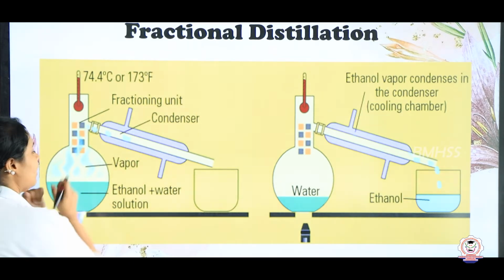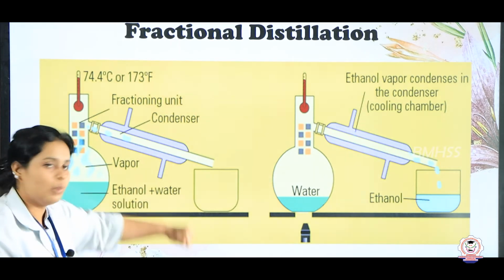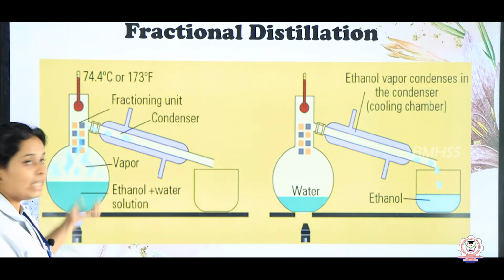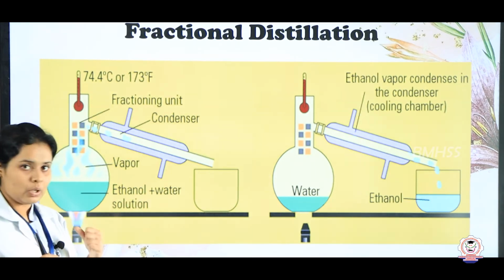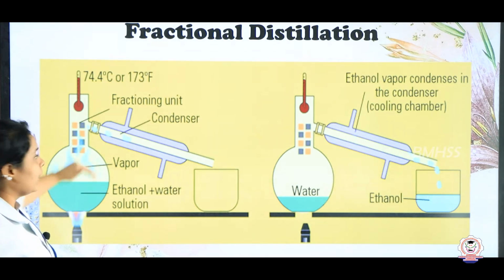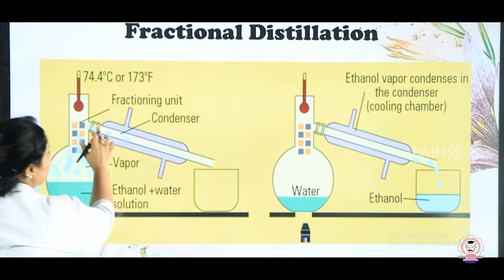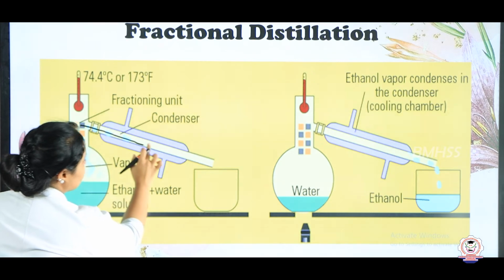Now here I have taken ethyl alcohol, which is also known as ethanol, plus water. Now when I am heating it here, first, the boiling point is less for ethanol. When it is heating, you will see that the ethanol will go up as vapor, then it will flow like this.